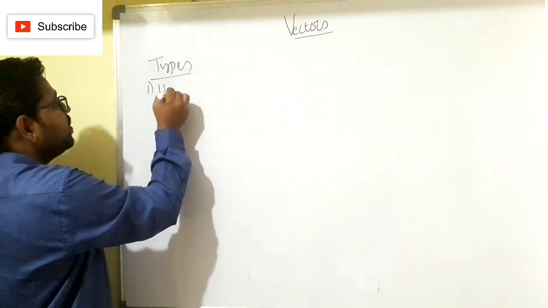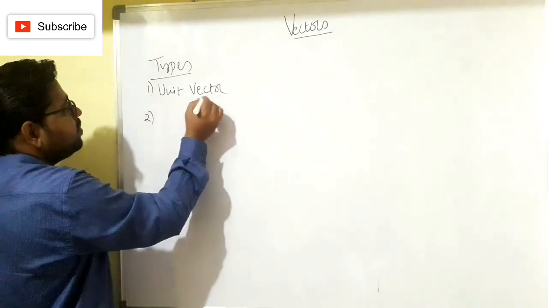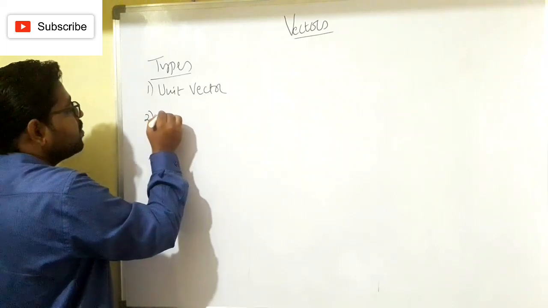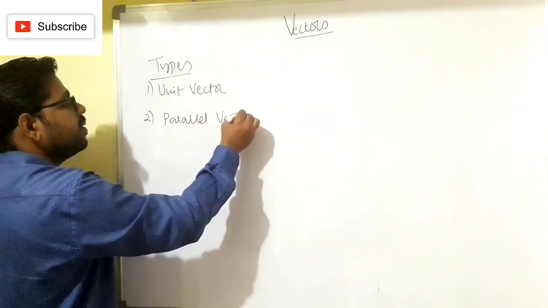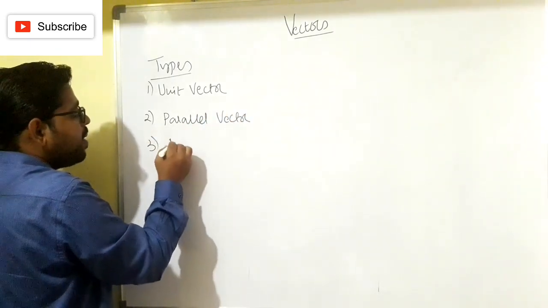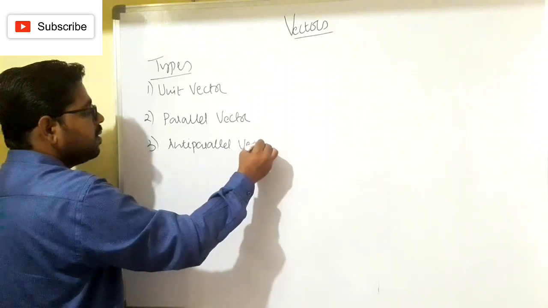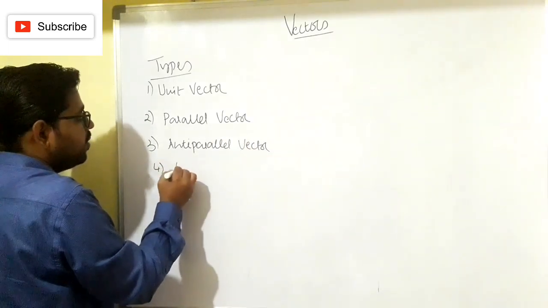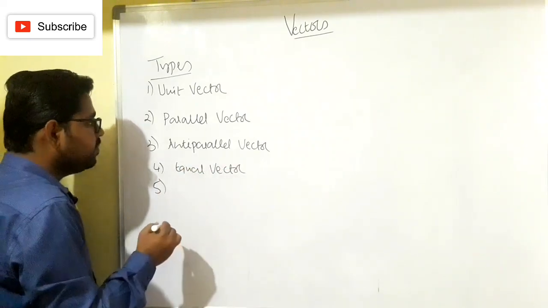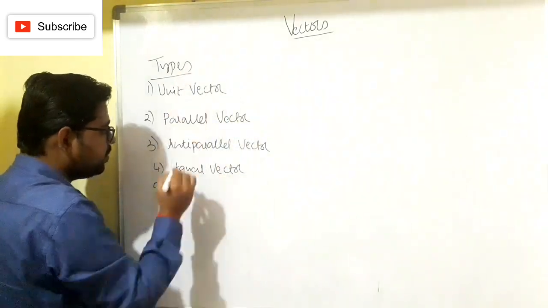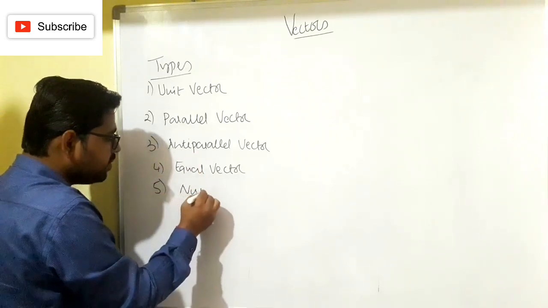Number 1, unit vector. Number 2, parallel vector. 3, anti-parallel vector. 4, equal vector. 5th one, null vector.